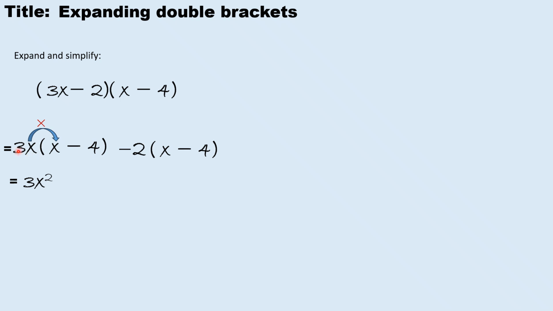Then we'll have our 3x multiplied by minus 4, and that is minus 12x. Then minus 2 multiplied by x, that's minus 2x, and then minus 2 multiplied by minus 4, that is positive 8. Remember to simplify your like terms, so that's 3x squared, and then these are our like terms.